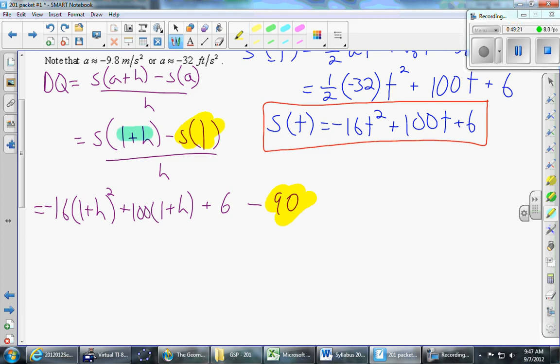Okay, I'm going to do more highlighting stuff. That 1 plus H got plugged in for all of the T's. We did S of 1 plus H. Not as easy as just plugging 1 in, but it's the same idea. Replace all the T's with what's in the parentheses. What is that supposed to be divided by? H the whole time.